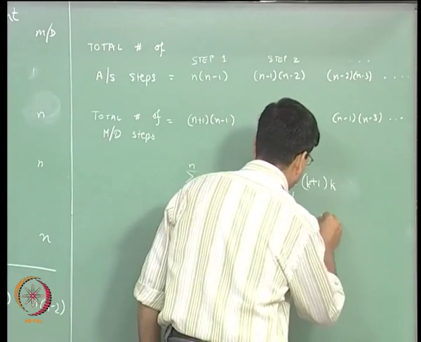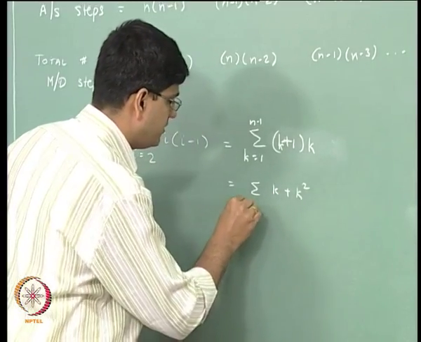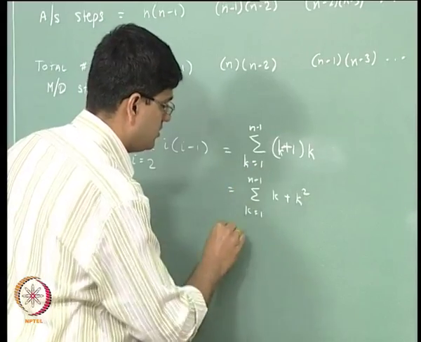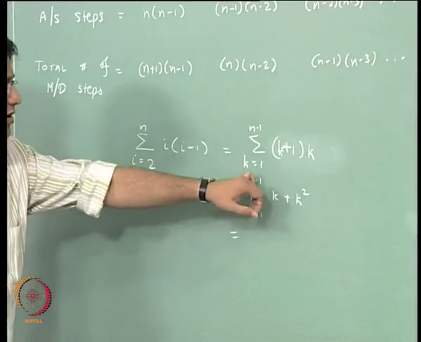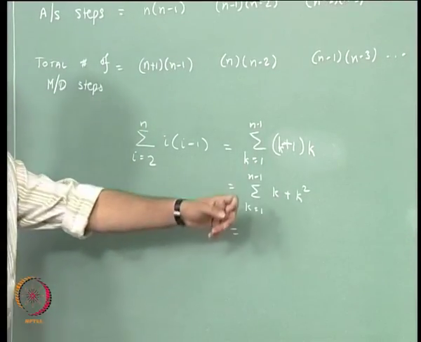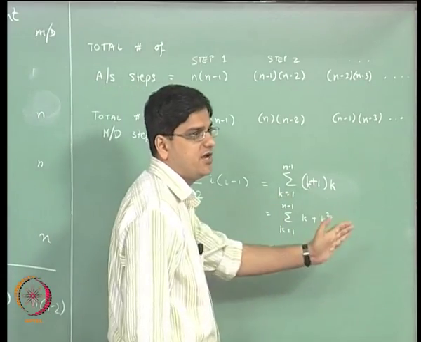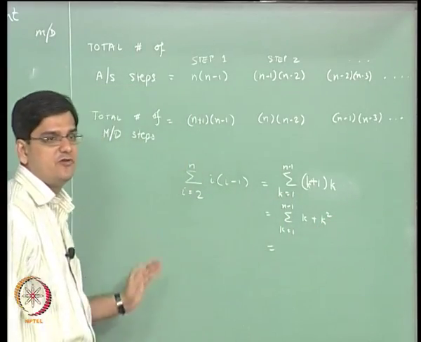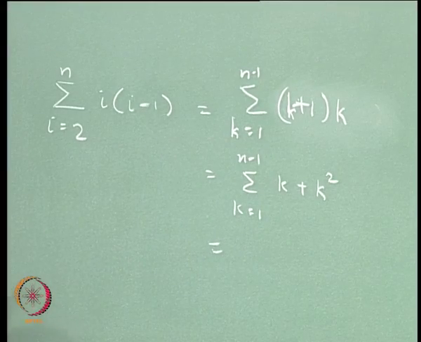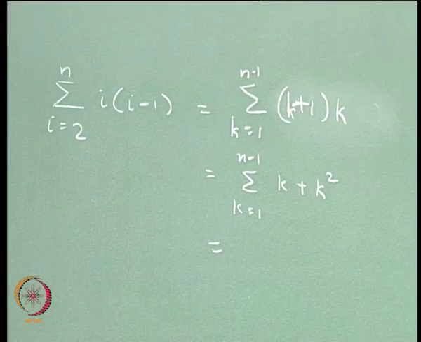And this is going to be equal to summation of k plus k square, okay, summation k equal to 1 to n minus 1 of k is nothing but 1 plus 2 plus 3 up to n minus 1. If we have up to n, the result is going to be n multiplied by n plus 1 divided by 2.